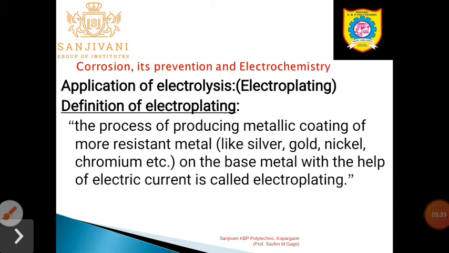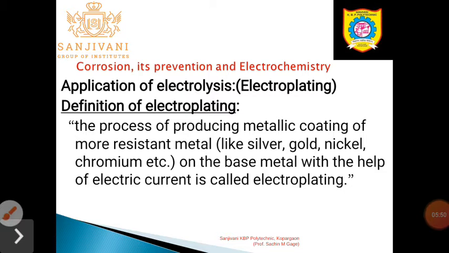So electroplating is the process of producing a metallic coating of a more resistant metal. The term more resistant is related to corrosion resistance, the metal which has more corrosion resistance.